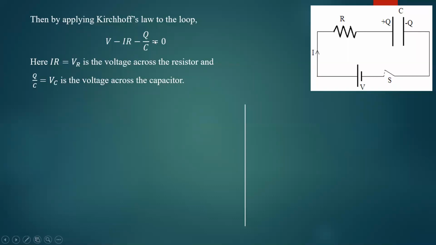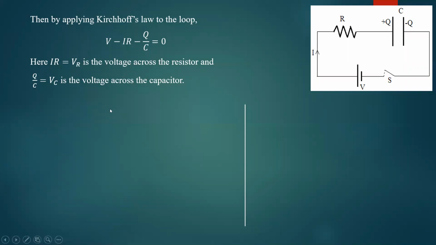Now we have to find the expression for Q by simplifying this equation. But here there are two variables. Battery voltage, resistance R and capacitance C are constant, but Q and I are variables. We have to find the expression for Q in terms of only constant terms.